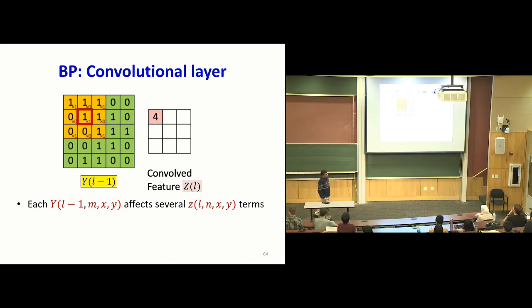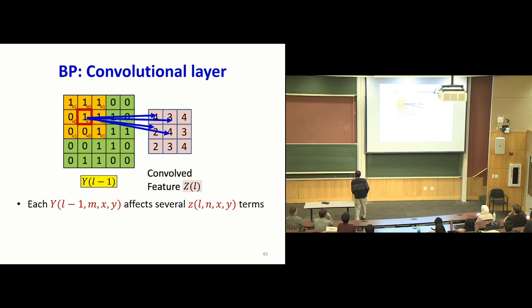I'm choosing a different y simply because it's closer to the corner and it's easier for me to illustrate things. Also, this won't generalize, and if I just show you the figure, the y in the center may convey the wrong impression, because that y actually explicitly affects every z in the next layer. This one does not. So now this guy affects several of these z's. In fact, it affects all of these 4 z's. You can see why, right?